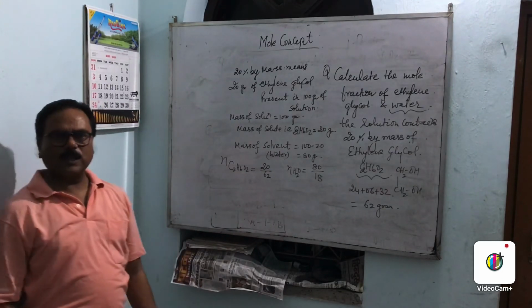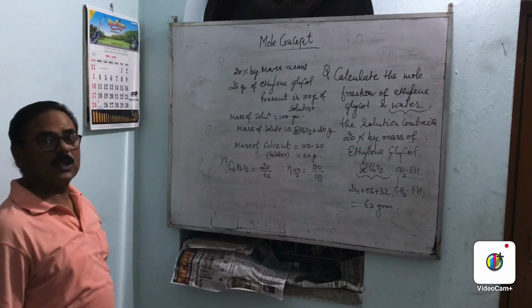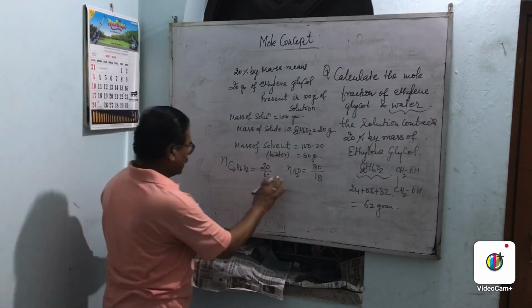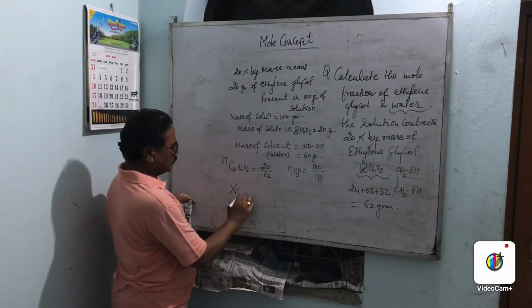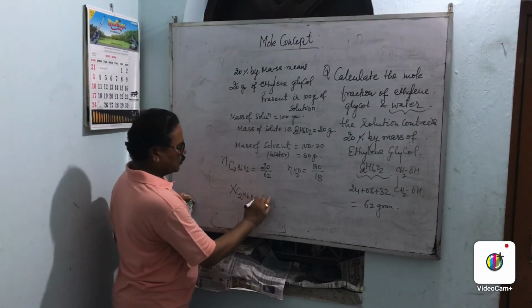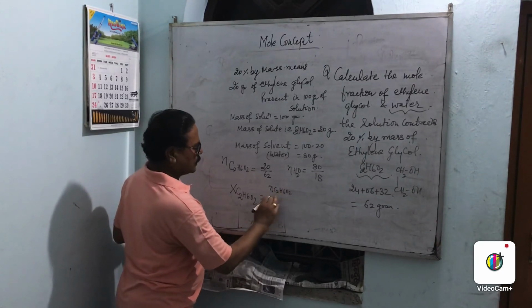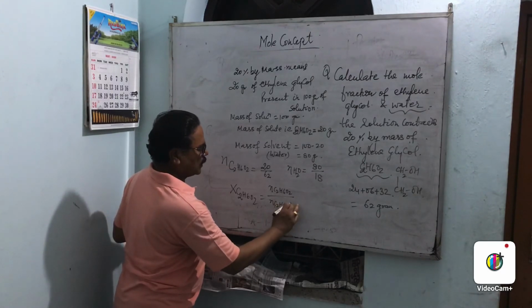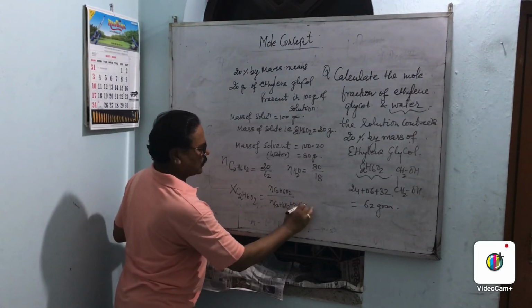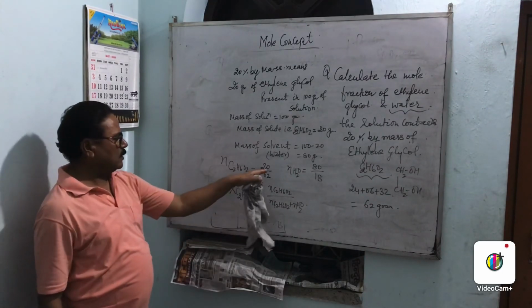That's why the heading is the problem based on mole concept in solution, moles in solution. Now we have to calculate the mole fraction: n of C2H6O2 divided by n of C2H6O2 plus n of H2O. Is it clear? So we are able to calculate the mole fraction by this.